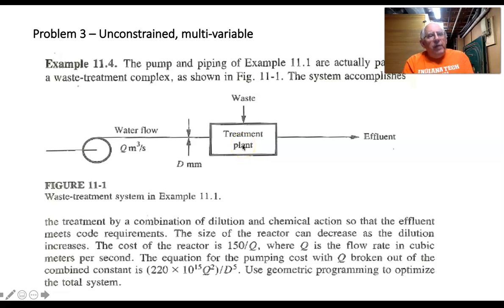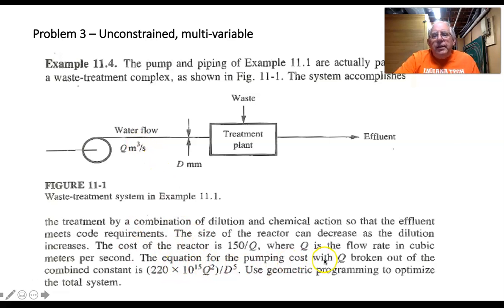If we have more water going in, the plant itself doesn't have to be as big, and so its cost is going to be smaller. So we have that term for the cost of this treatment plant or reactor. Q is in cubic meters per second.